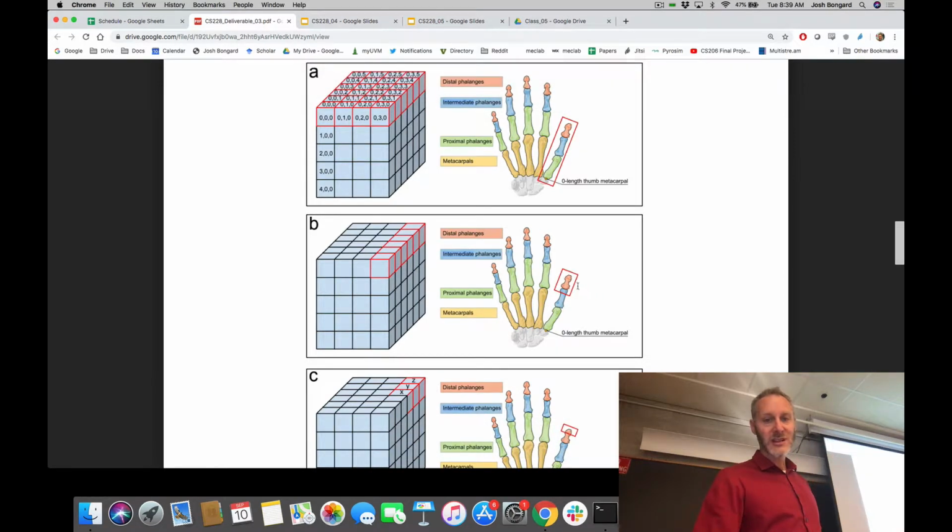If we're interested in information about just the distal phalange, the bone at the tip of your thumb, it's the last bone in the series of 4 bones marching outward from the palm to the tip. And that corresponds to the 4th column, right? So rows correspond to fingers, columns correspond to bones, right?